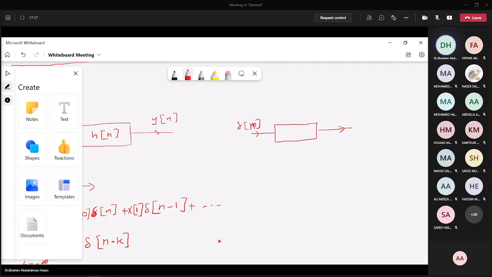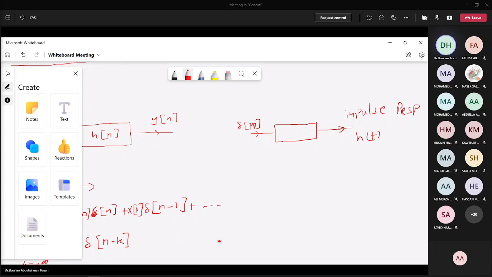We call it the step response. When the input equals impulse, then we call it impulse response. Impulse response, we say that it is h of t.